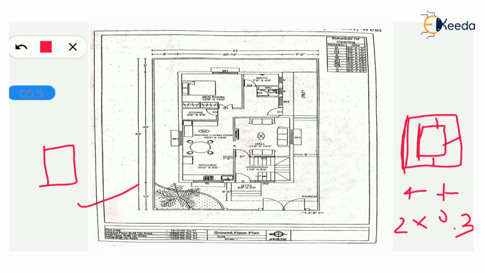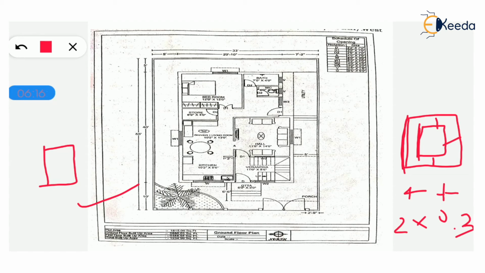Okay, everyone understand? This is the simple concept of a plan. What is meant by plan? Plan is nothing but the top view of any building cut at the sill level, and the details which are seen from the top we can draw in a plan.